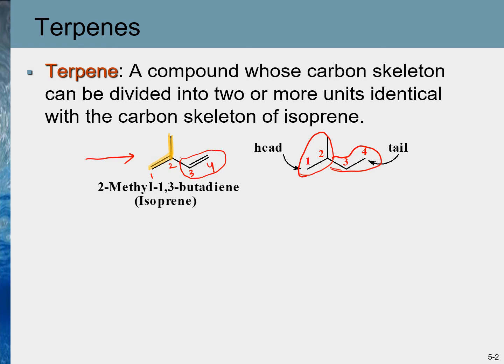Terpenes are formed by bonding the tail of one isoprene unit to the head of another, and this is known as isoprene rule.